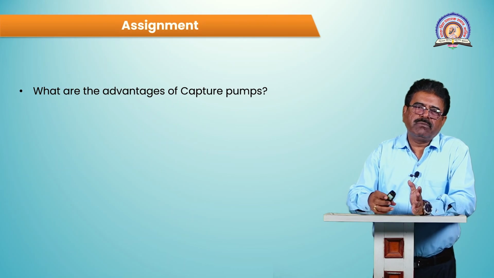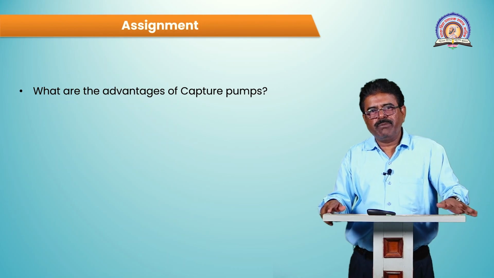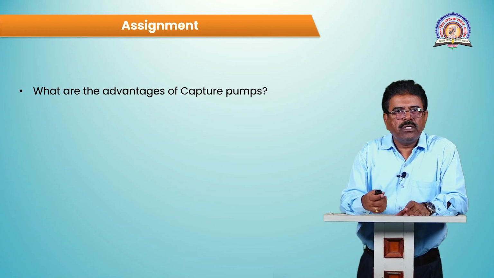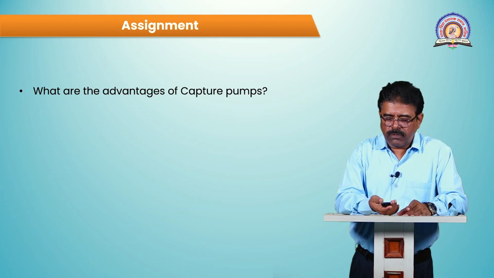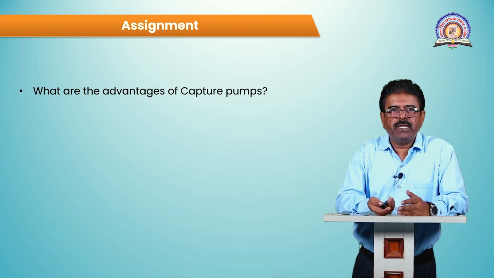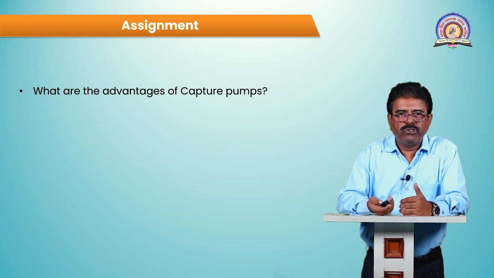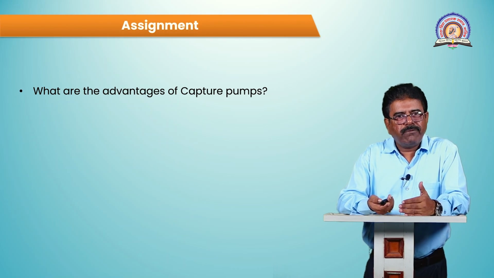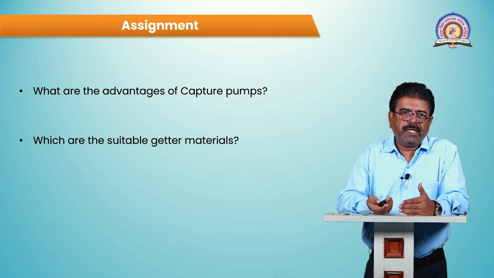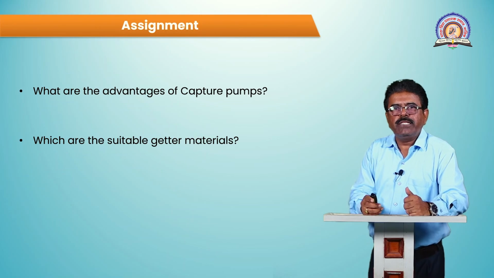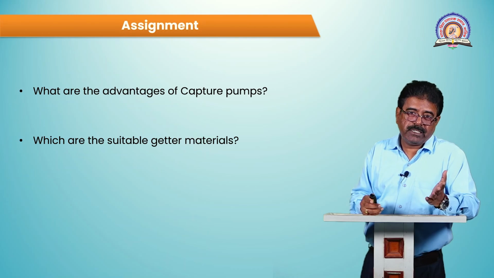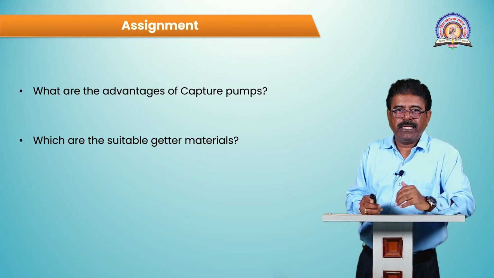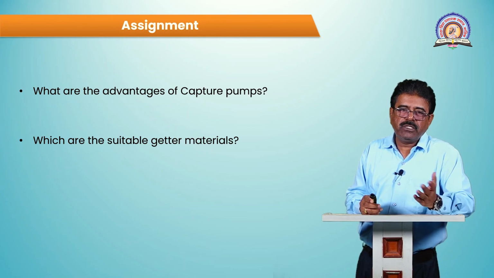I want to give some questions as an assignment here. The first question is: what are the advantages of capture pumps? In the very first part of my lecture, I have described the advantages of capture pumps in detail. The second question is: what are the suitable getter materials? I have listed various materials like titanium, niobium, zirconium.